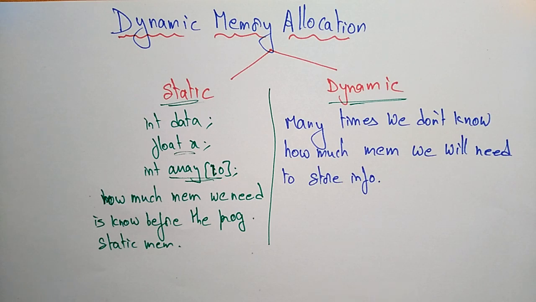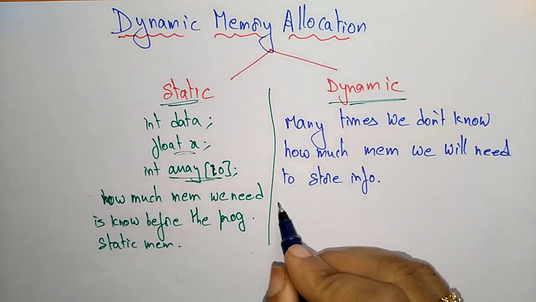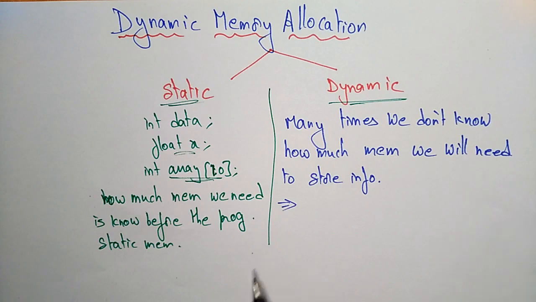So we use the new and delete operators. Actually in dynamic memory, the size of the required memory can be determined at runtime.